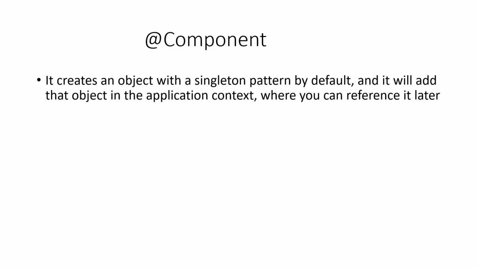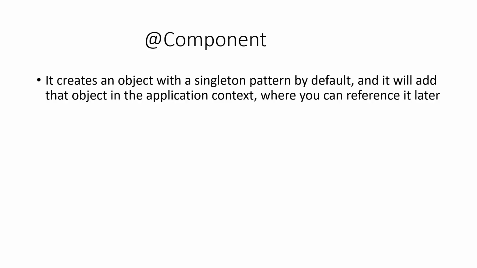Now, let me talk briefly about Component and then we will go to our code. What is the Component annotation? Basically, you add it to a specific class, and behind the scenes, when you run the application, Spring will create an object with the singleton pattern. I assume you are familiar with the singleton pattern. If you don't, you can Google it.